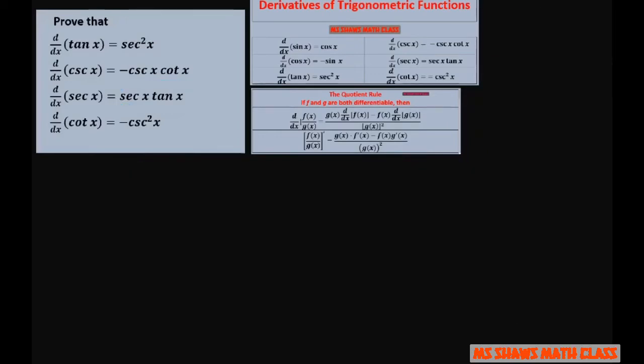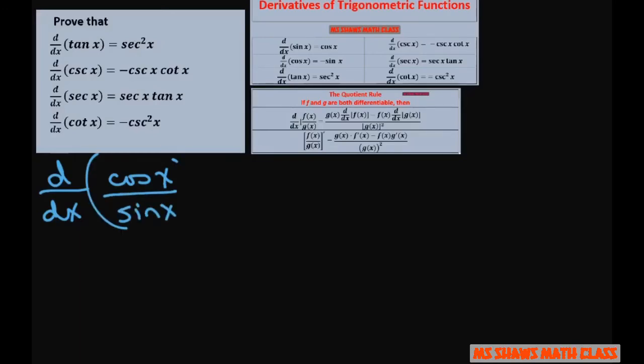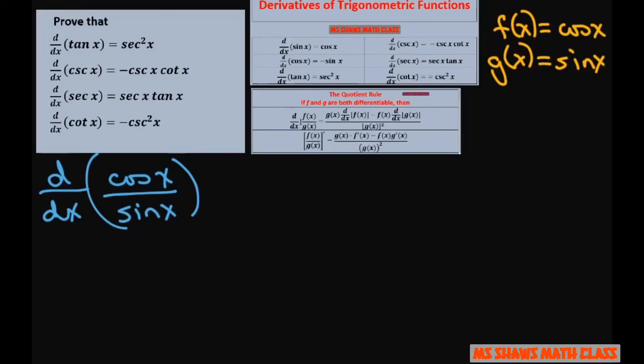And one more. I'm going to write this as the derivative with respect to x, and rewrite this as cosine of x divided by sine of x. When I do that, I'm going to let my f of x equal cosine of x, and my g of x equal sine of x. And then just fill out this formula. We're going to write the g first, so that's going to be sine of x times the derivative of cosine of x.